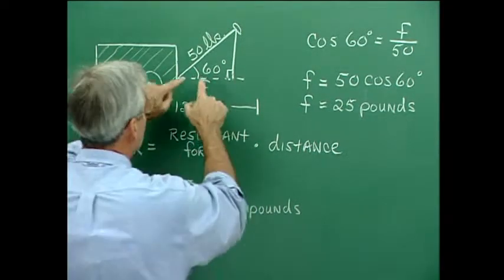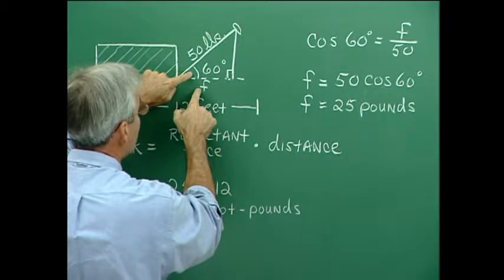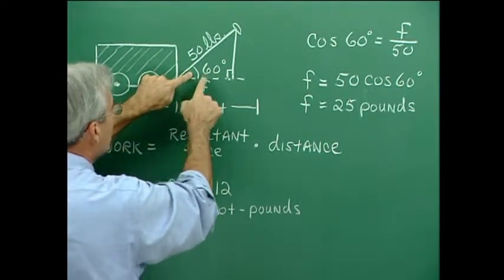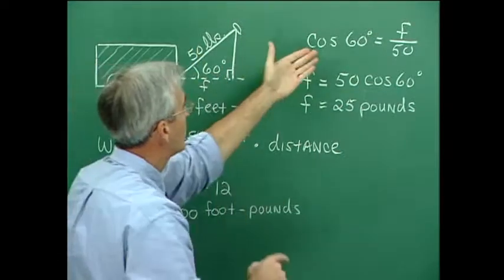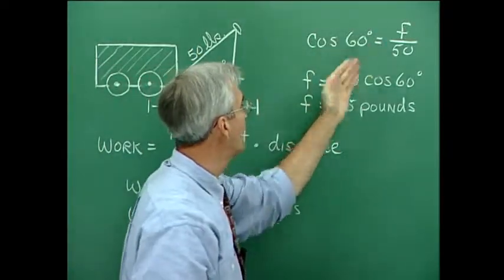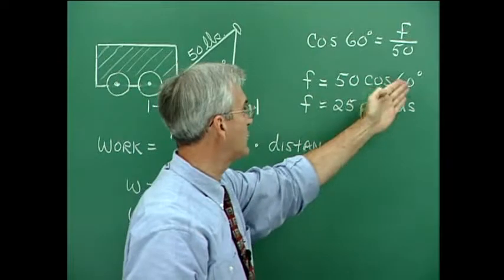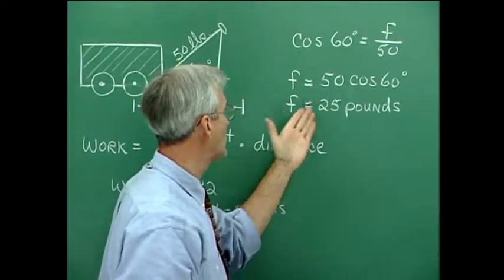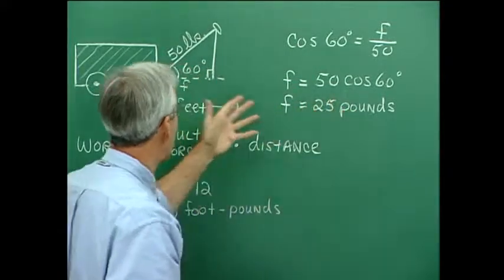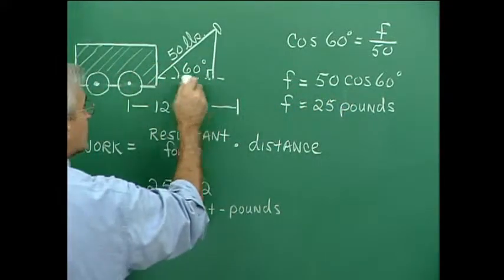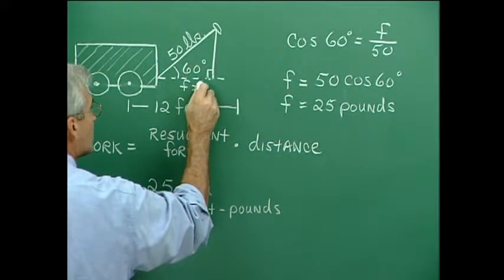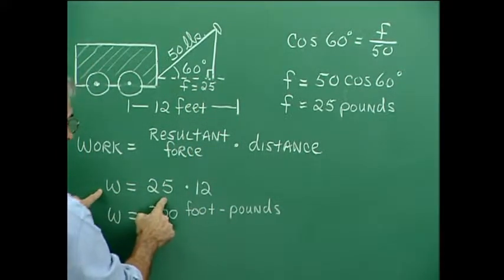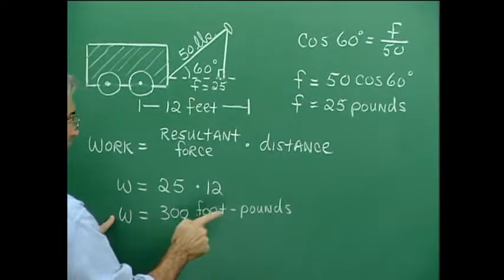From the perspective of this 60-degree angle, we're talking about adjacent side and hypotenuse. So the cosine of 60 degrees is F over 50. F then is 50 cosine 60. Cosine of 60 degrees is 1/2. So the amount of force along this horizontal configuration is 25 pounds. And now work is 25 times 12, or 300 foot-pounds.